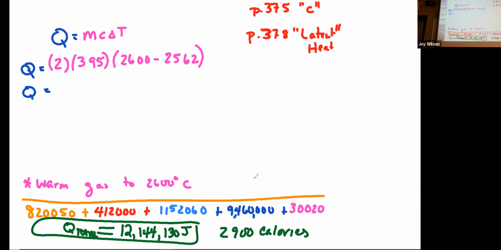Or you could eat, divide that by 45 for me really quick. Yeah, 2,900 divided by 45. 64.4. You could eat 64 Reese's miniature peanut butter cups. I could totally do that.